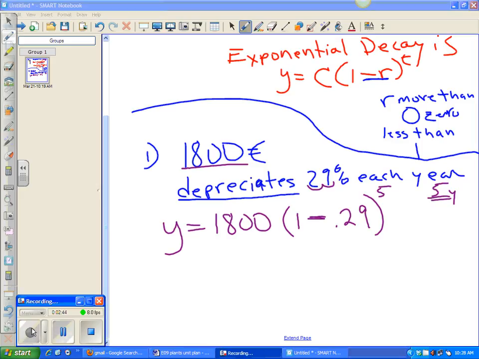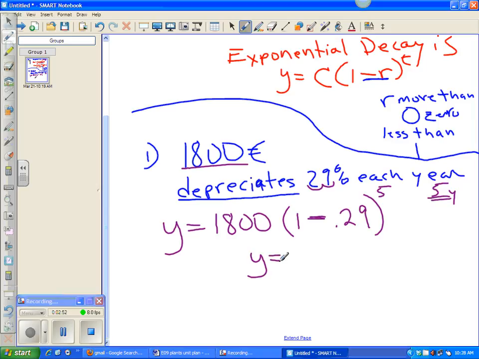So the way you write this model down, if they were to ask you to write the model for this, the model would look like this. y equals 1,800 times 1 minus 0.29, which is 0.71, to the t. And if you want to know it for 5 years, you just put the 5 in here.